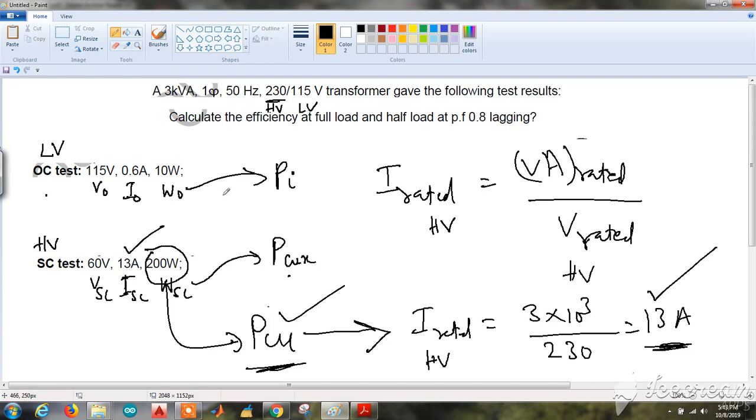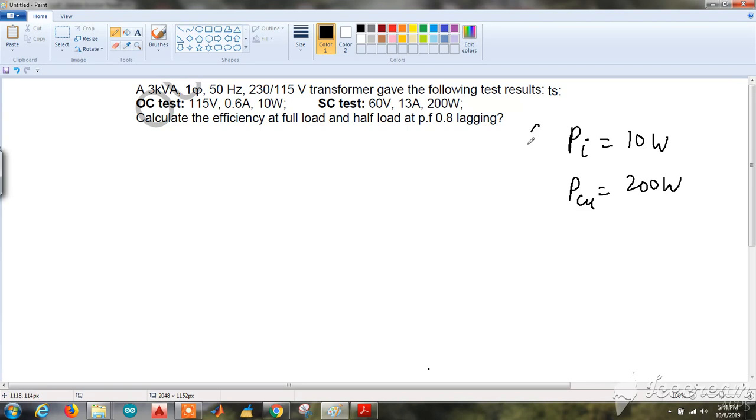The case when the rated current is not equal to the short circuit current, we'll see in other numerical problems. So let us solve this. Now we have got iron loss as 10 watts and full load copper loss as 200 watts.